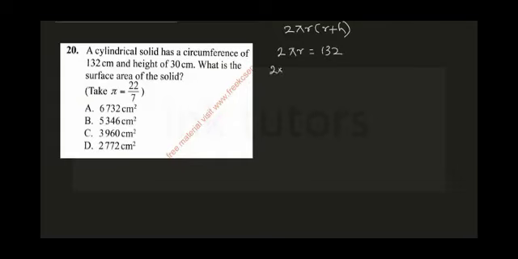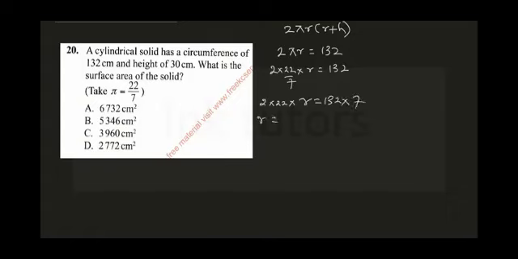So this will be 2 times 22 over 7 times r is equal to 132. So from here, if you cross multiply, you're going to have 2 times 22 times r is equal to 132 times 7.